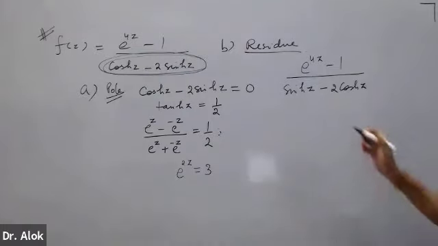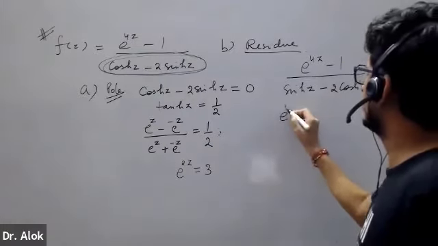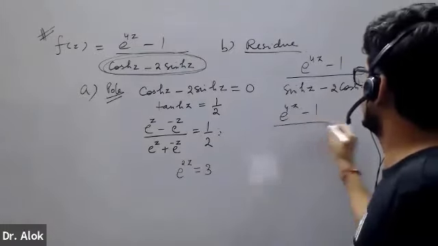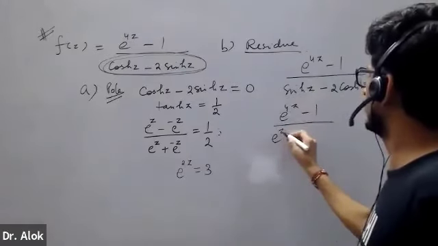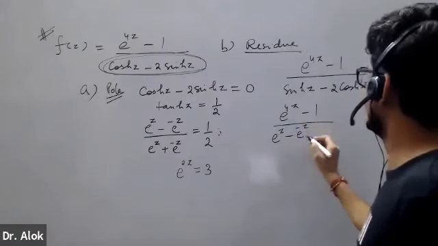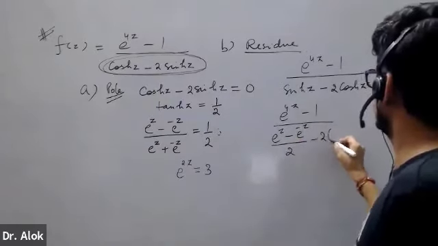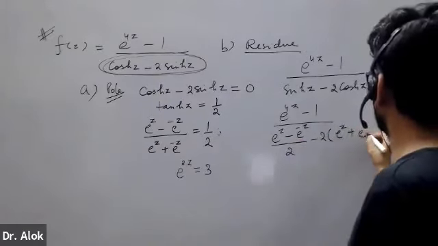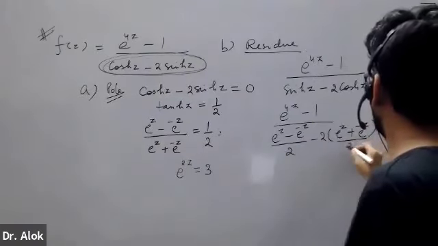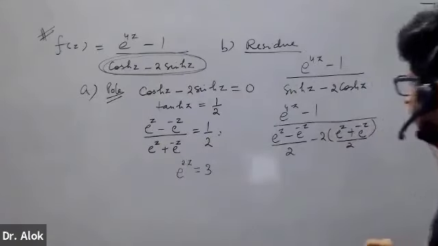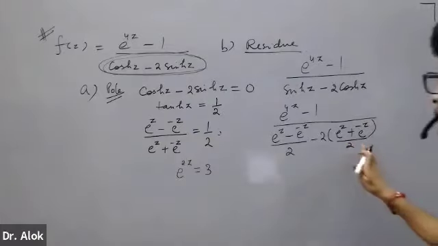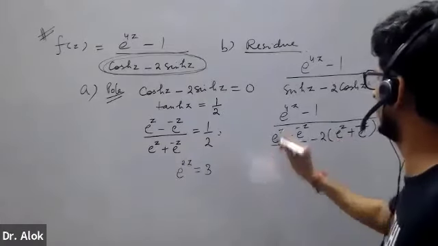This will become, write quickly, e to the power 4z minus 1 over e to the power z minus e to the power minus z upon 2 minus 2 times e to the power z plus e to the power minus z upon 2. It will become like this, and both 2 will go here.